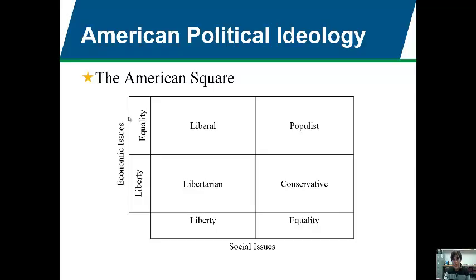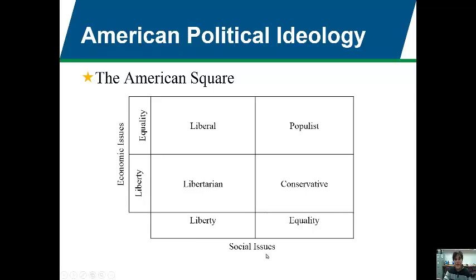Here in America, most of our issues tend to go along two lines. I'll try to illustrate this as best as I can without you guys being here in front of me. Here in America, we have economic issues. You can think about these as tax policies, business issues, how to regulate banks and Wall Street and things like that. And then we have social issues down here.